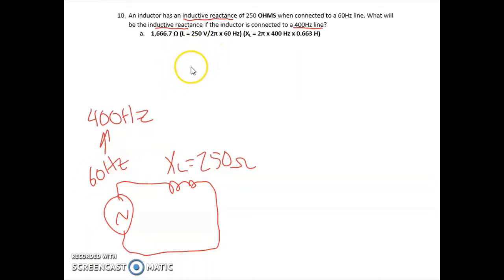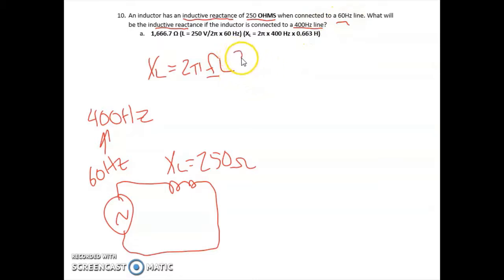So the way we solve it, we have X of L equals 2 pi f L. We're given X of L, that's 250 ohms. We're given frequency, that's 60 hertz.